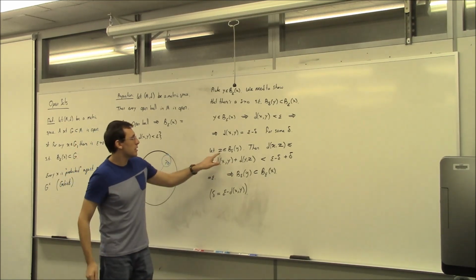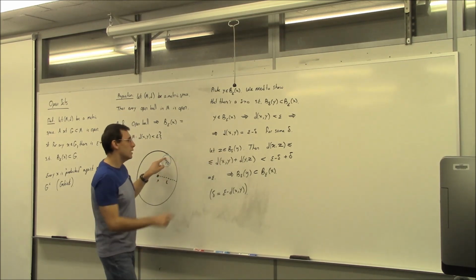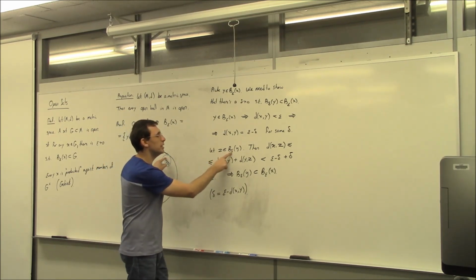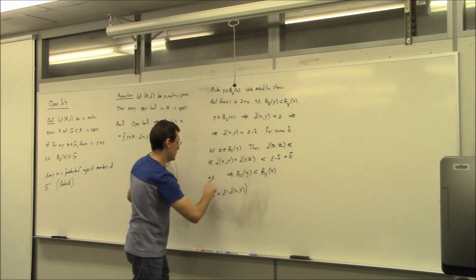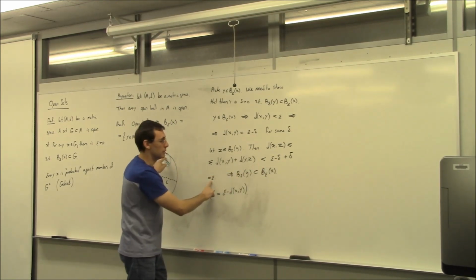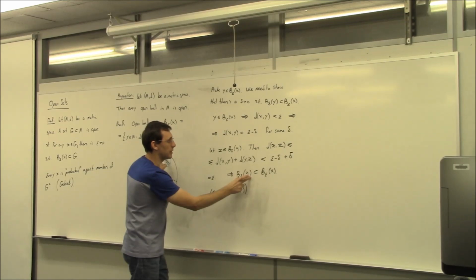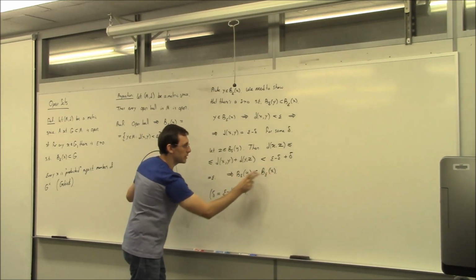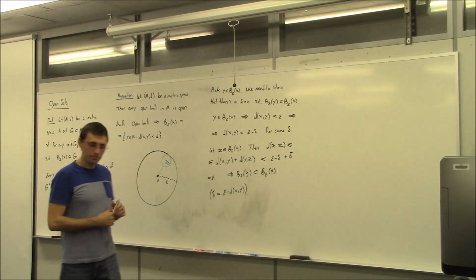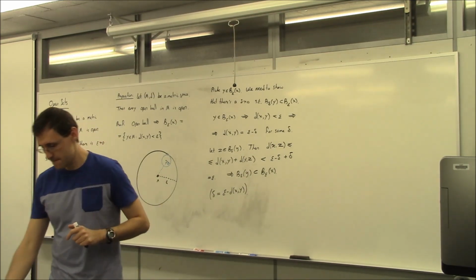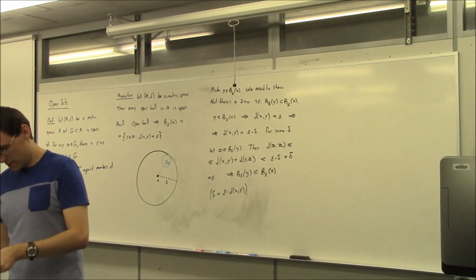That's what I do here. I pick a point, that's Z. If it's in the blue ball, by triangle inequality, it is in the black ball. And that implies that every element in here is an element in here, so that's a subset. Good? Okay.